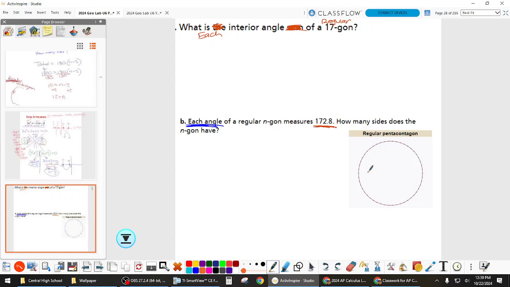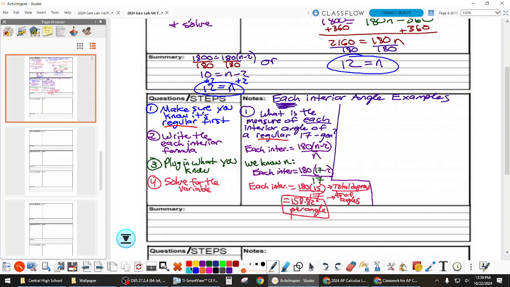So let's go. I'll have you write this down. Example 2: each interior angle, we need to say interior, because in just a little bit we'll do exterior. Each interior angle of a what word?